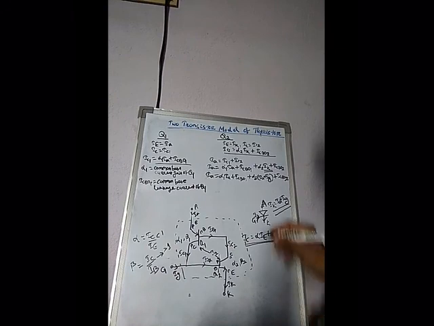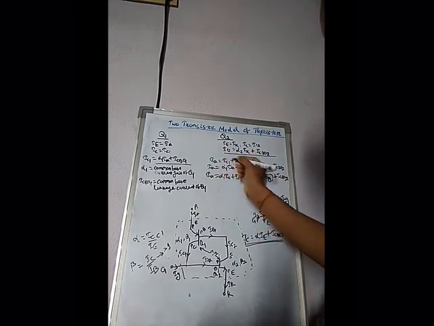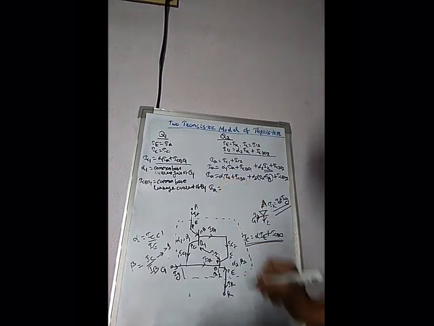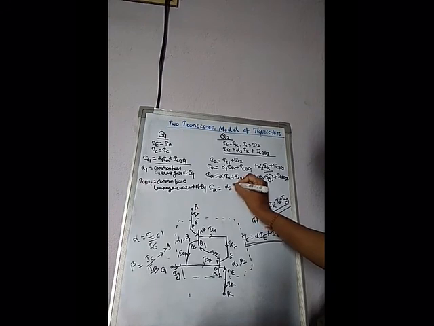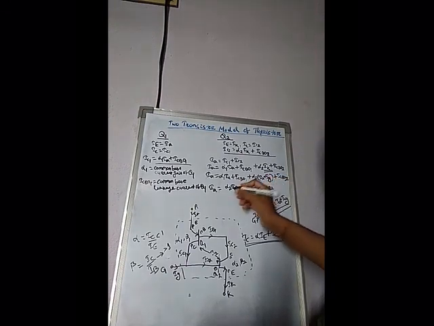Now from this equation, if I derive IA, then IA becomes alpha 2 IG plus ICBO1 plus ICBO2 divided by 1 minus alpha 1 plus alpha 2.